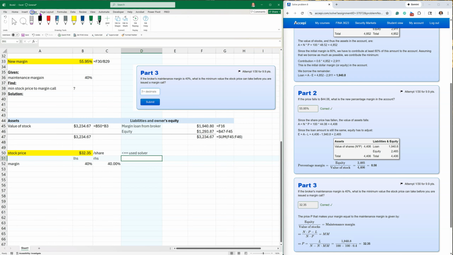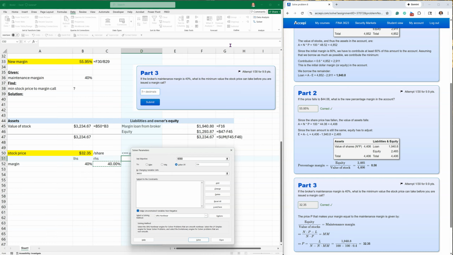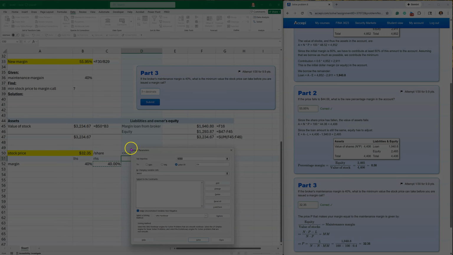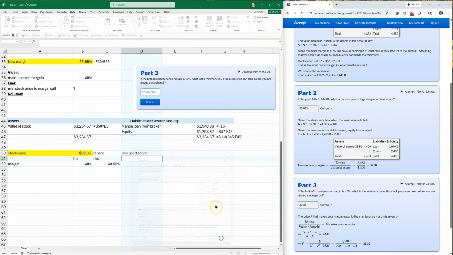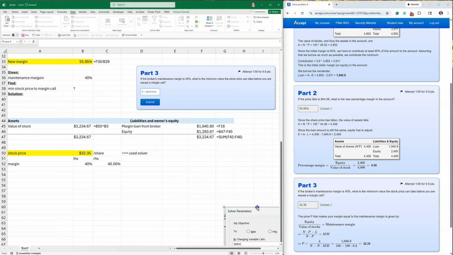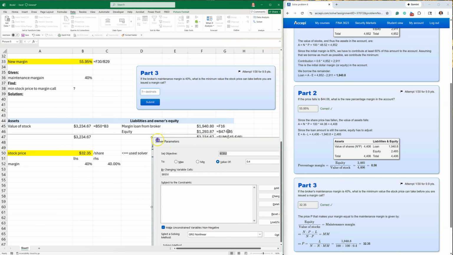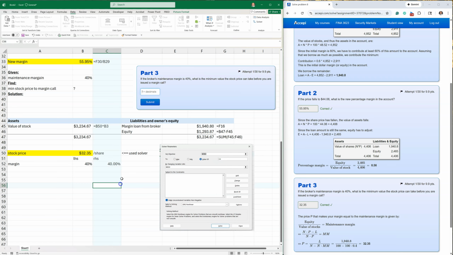So I'm going to go back to Data and open up Solver, and paste whatever I put into Solver. I'm going to do another screenshot here, close, and paste it right here just so I have it as a reference. So that's one way to do it.